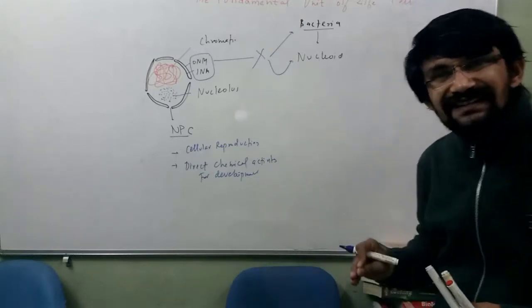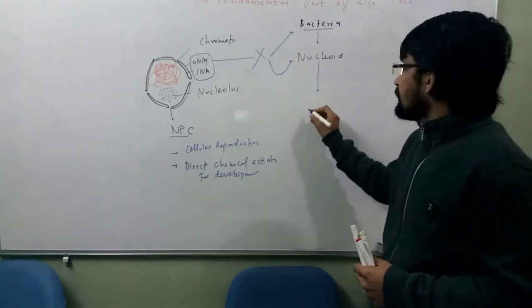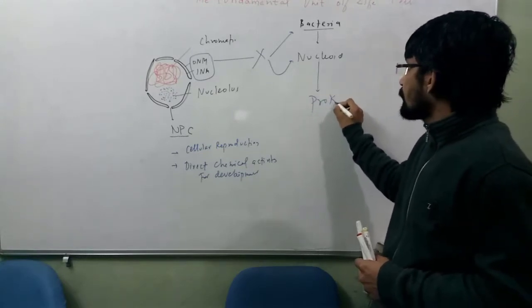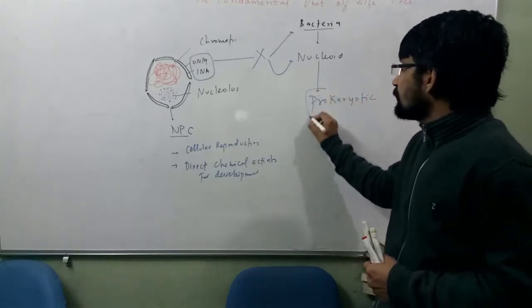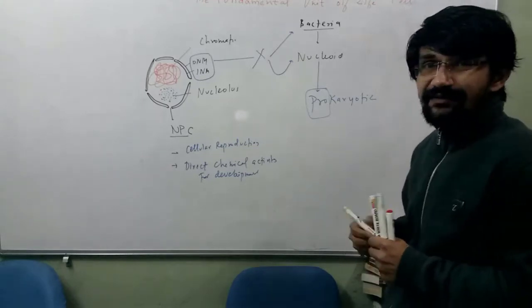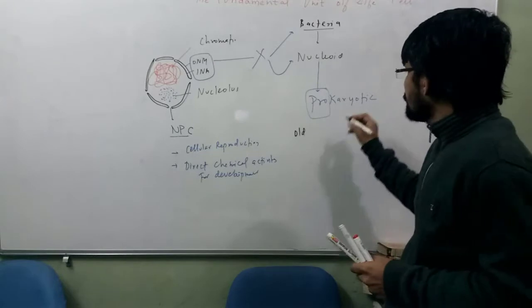And the organisms which have this particular kind of nucleus, not a well developed nucleus, are basically called your prokaryotic organisms. The word pro here basically means primitive. Primitive means old. We can write it as old or primitive.